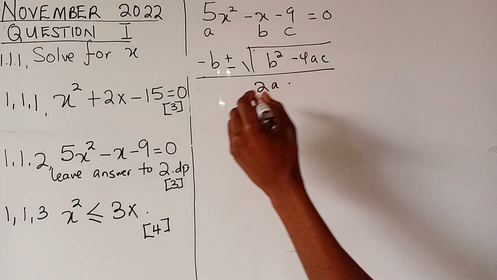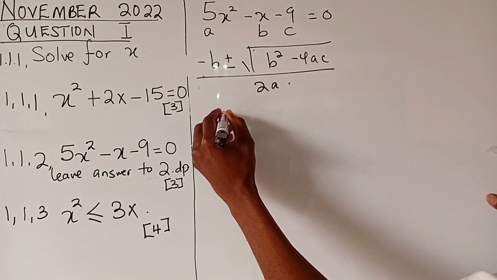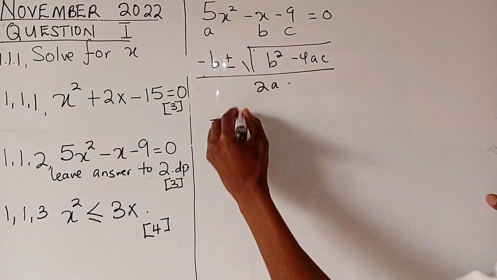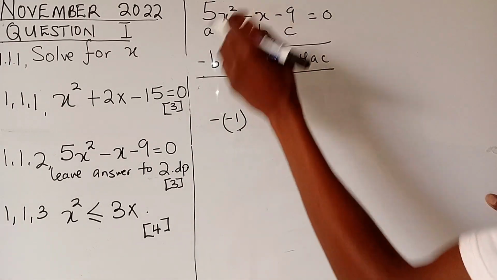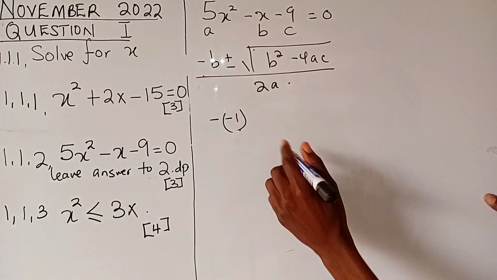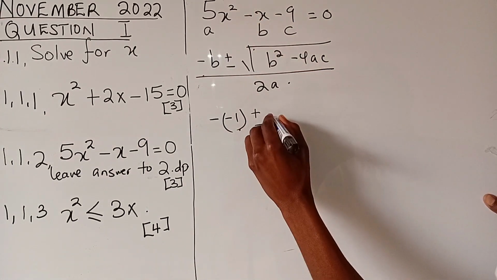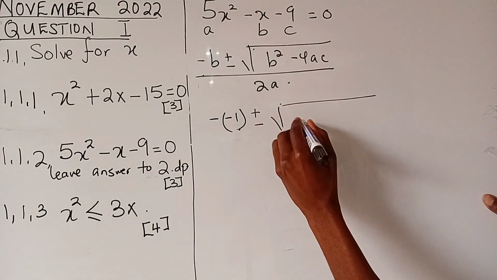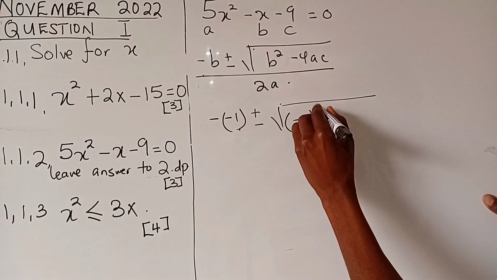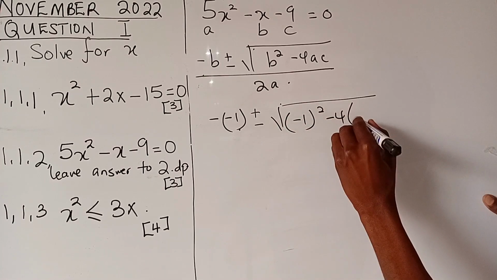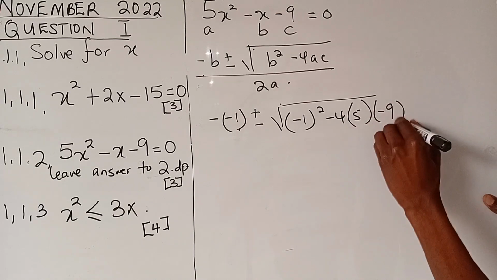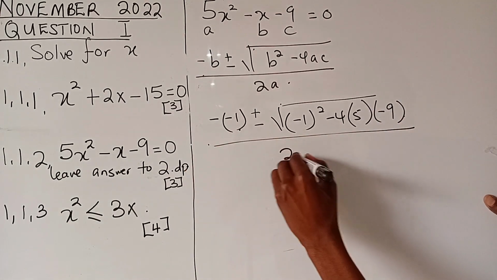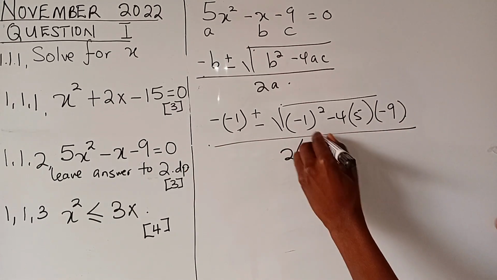So we are going to have here minus 1, because remember our b is the coefficient of x. So the coefficient of x is minus 1. Then plus or minus square root of minus 1 squared minus 4. Our a is 5. Then our c is minus 9. All over 2 multiplied by 5.